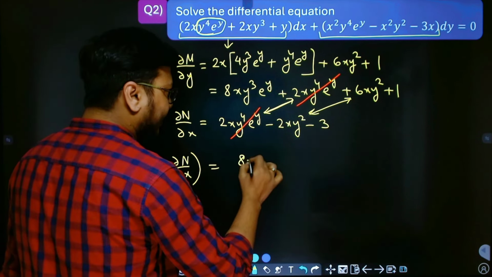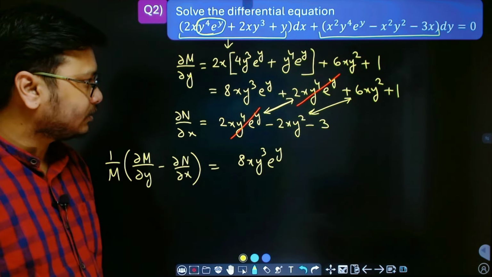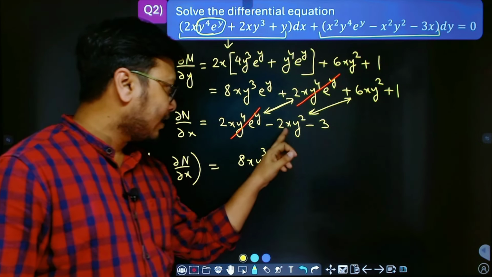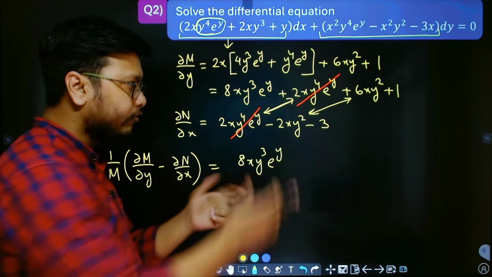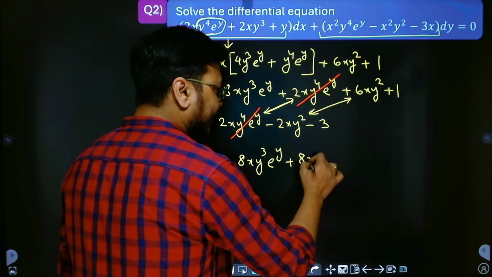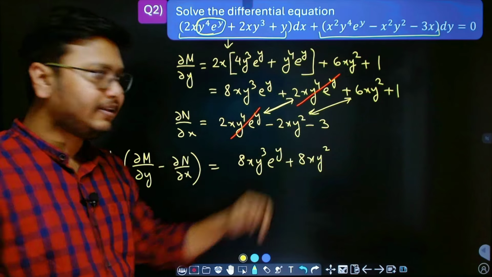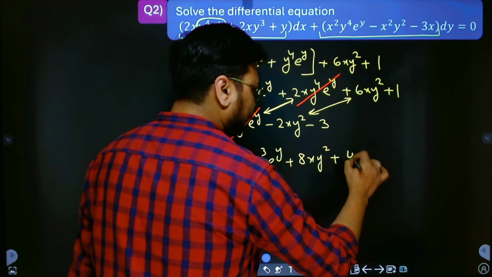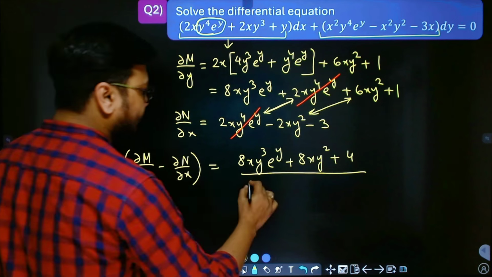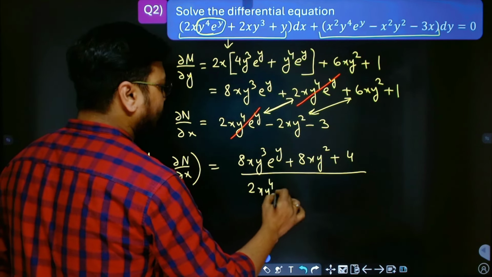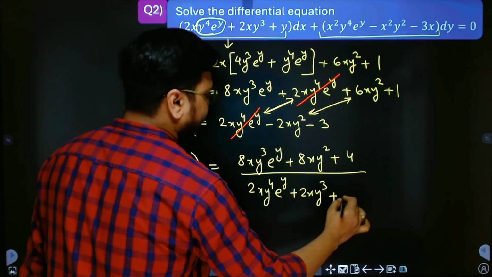So it's 8xy cube e to the power y. These two terms have cancelled out upon subtraction. 6xy square minus of minus 2xy square would become addition, so plus 8xy square. Then 1 minus of minus 3 would become a plus 4, divided by m. My m value is 2xy to the power 4 e to the power y plus 2xy cube plus y.